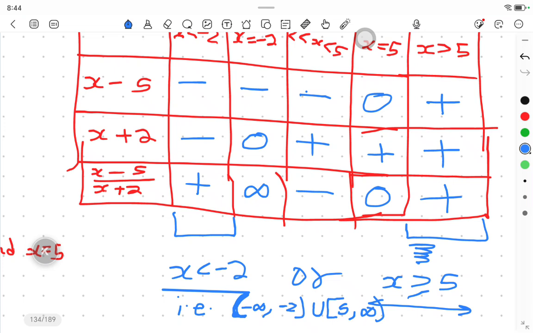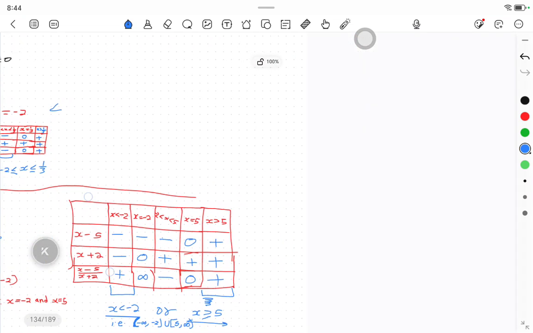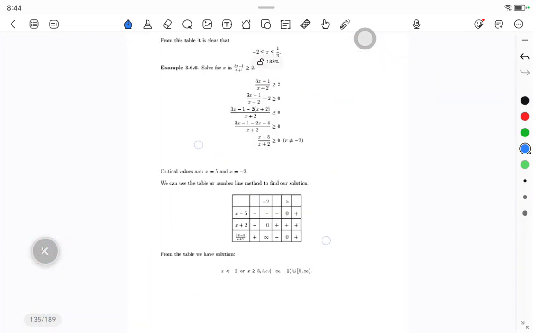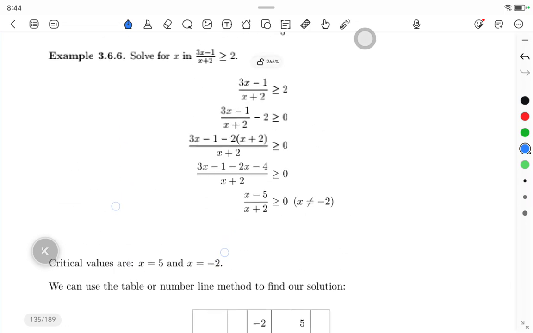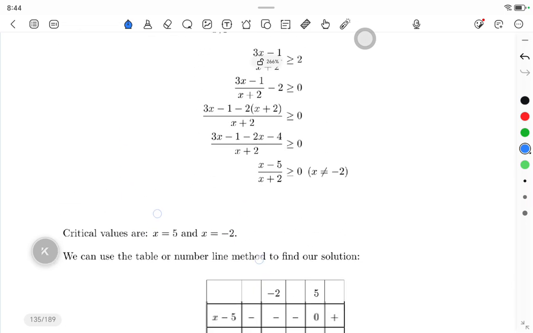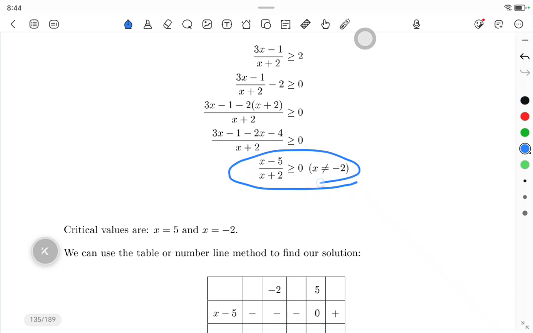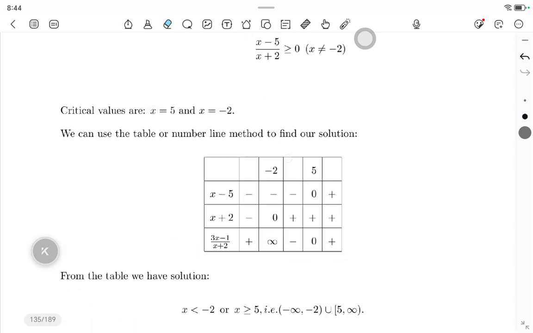Now let's see what we are told on this side. Yeah, if we check, this is exactly what we did, right? Here they also specify the condition that x cannot be equal to minus 2. Then they give us the critical values, and after that they put it in table form. They also focus on the positive because now we have the greater than sign.